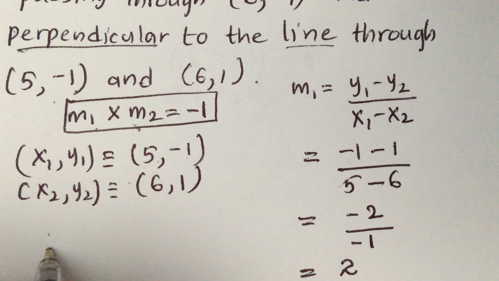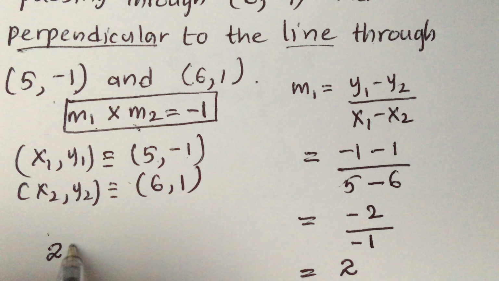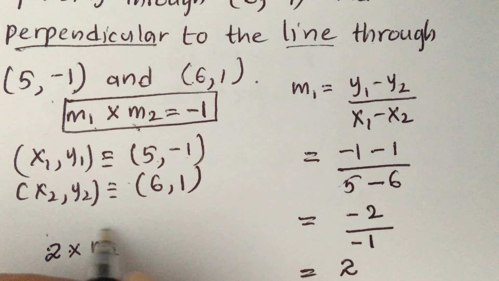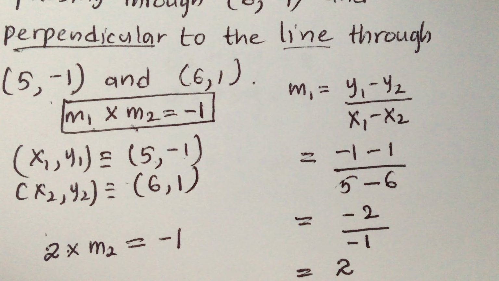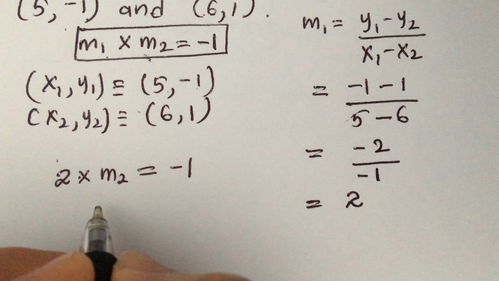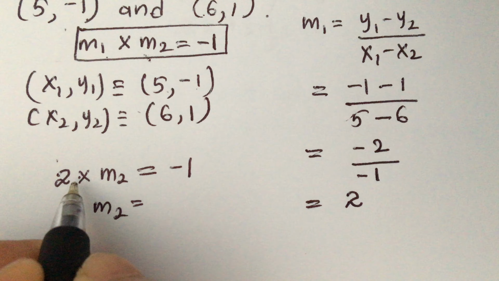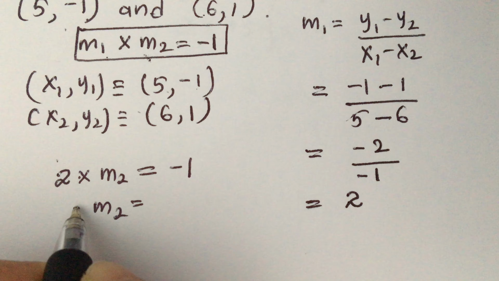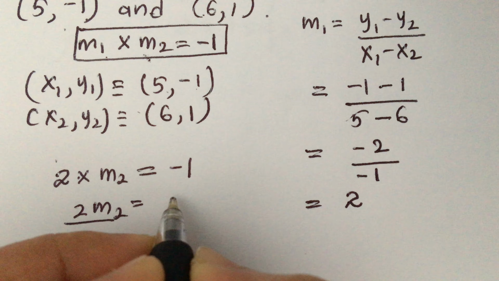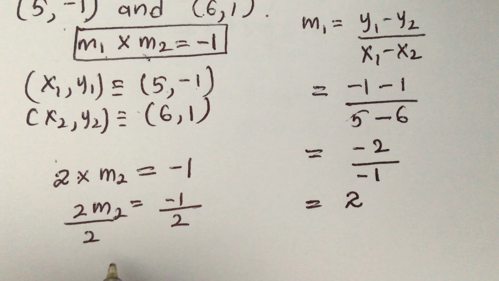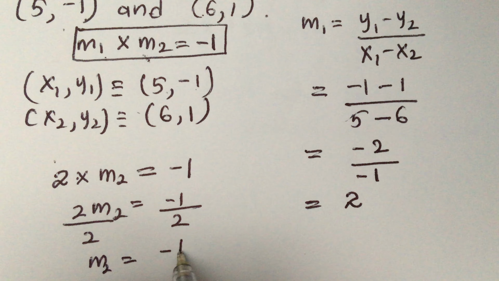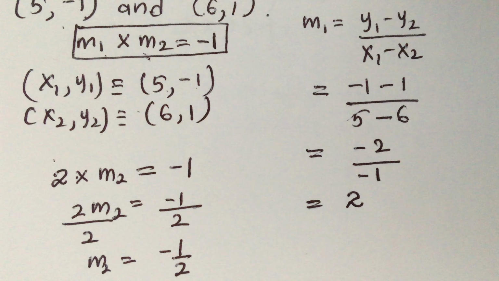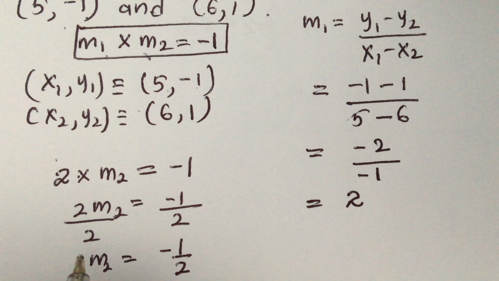So m1, which is 2, times m2 equals -1. I can find m2 using this equation. m2 equals what? I have to divide both sides by 2, right? And then I have m2 equals -1/2. So this is the slope of my required line.